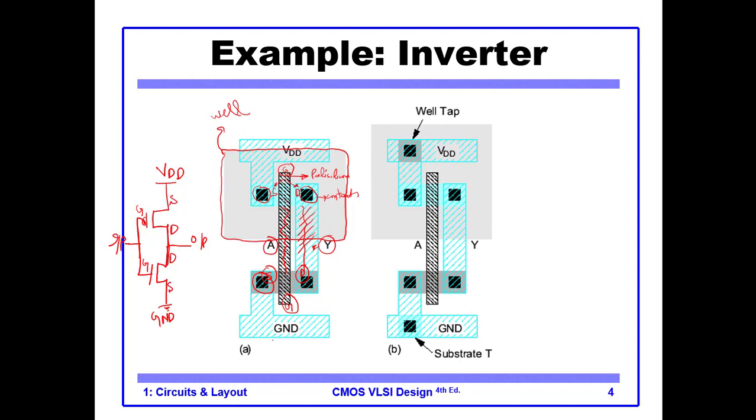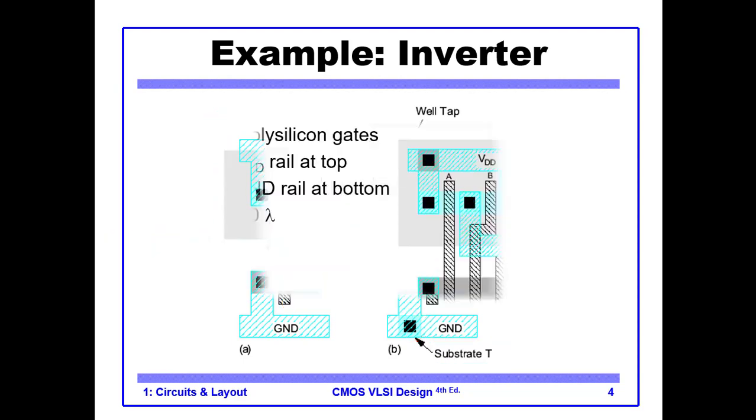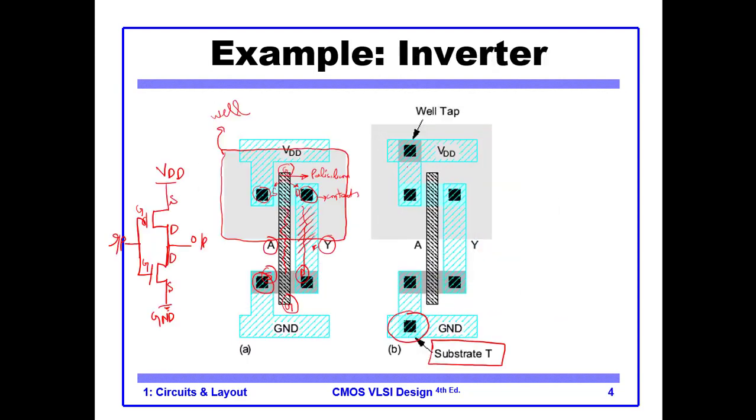In this one the wells are not connected, but here is the difference for version B. We have here the substrate tap and here the well tap.